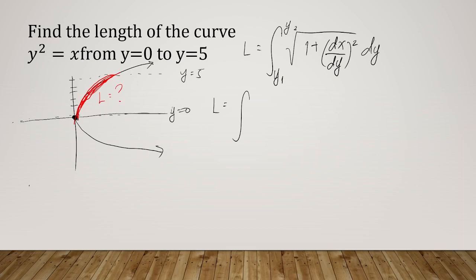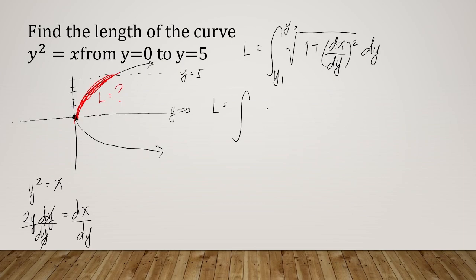That is y squared equals x. Okay? Derive muna natin to. This is 2y dy equals derivative ng x, this is dx. Sabi, dx over dy, therefore, divide natin sila both sides by dy. This is cancelled.